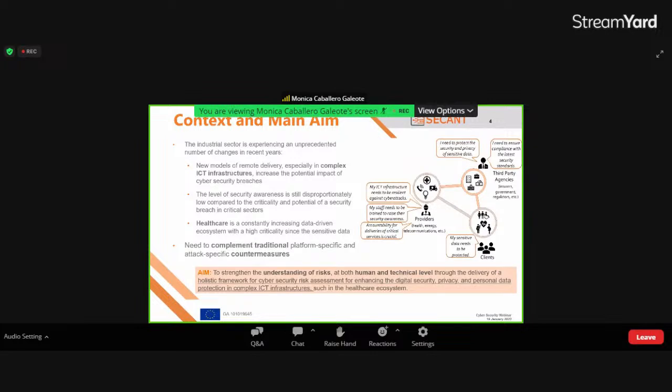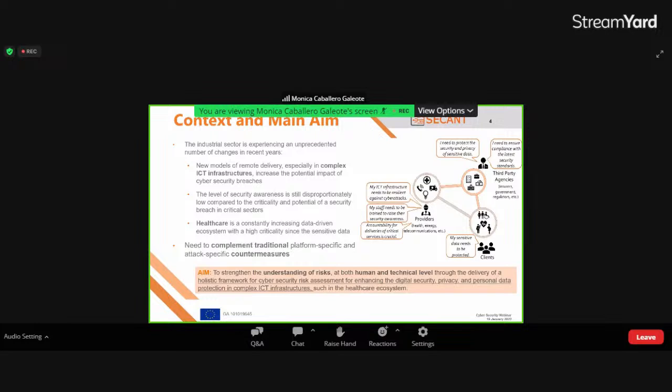In this environment there are different kinds of stakeholders, starting from the patients and the healthcare providers, but also other third parties, and we need to ensure that all the different steps of the supply chain are protected.